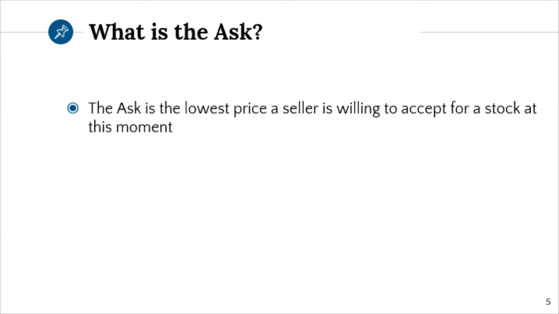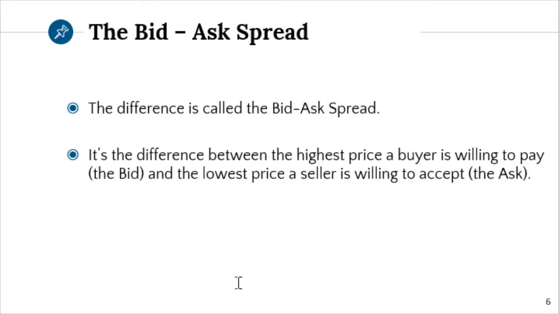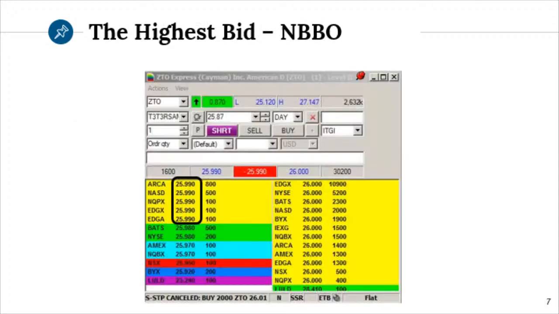So to compensate them, the spread was created, and while the market is stable, they're constantly capturing the spread, the difference between the bid and the offer. That's the difference between the highest price a buyer is willing to pay and the lowest price a seller is willing to accept.